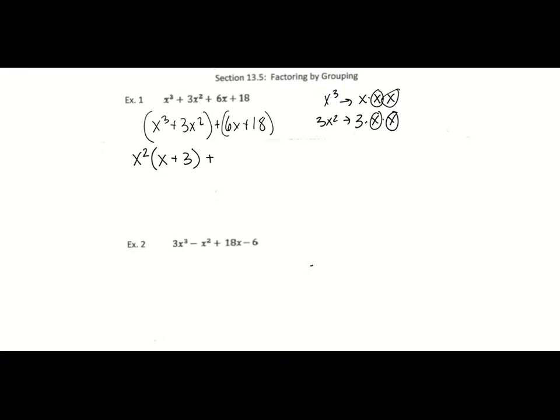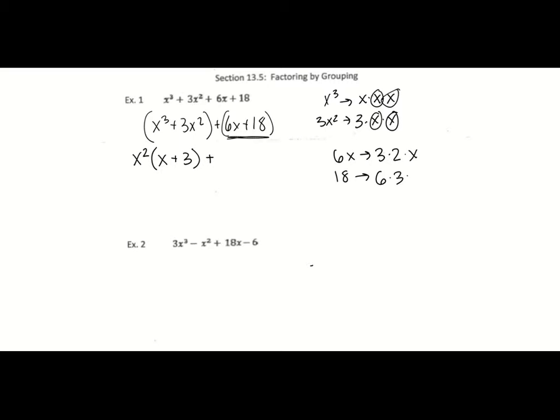Then I would add on, I'm going to take this second piece and split it up. So if I have 6x and 18, I can take my greatest common factor, I'd get 3 times 2 times x. And down here, 18, I would get 6 times 3.